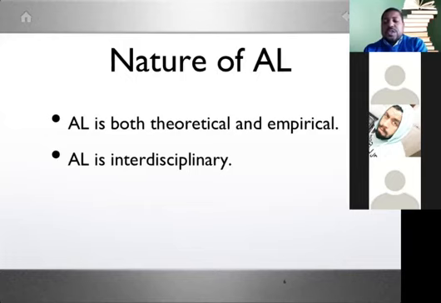It shares the same terms that are used in many other fields, especially linguistics, anthropology, sociology, psychology.